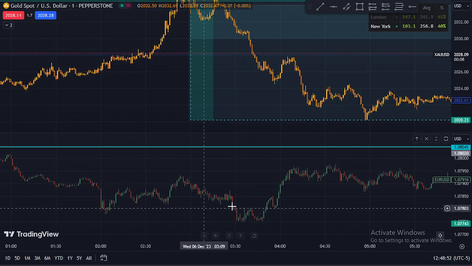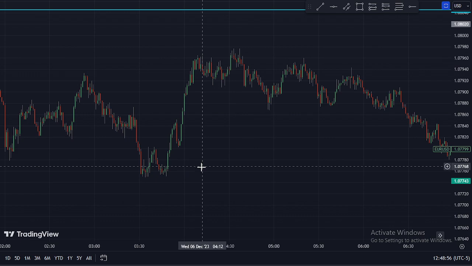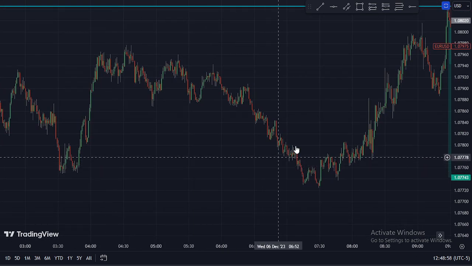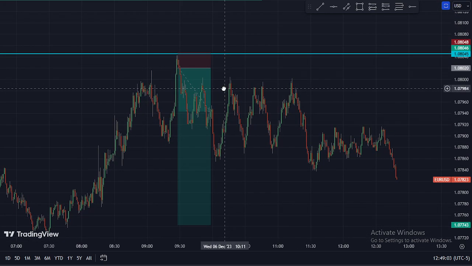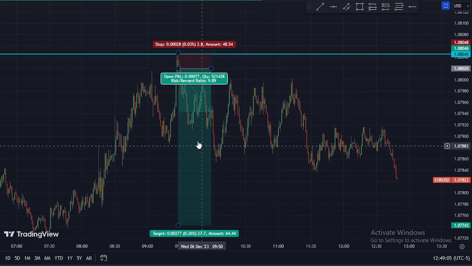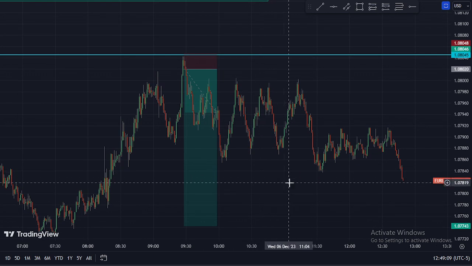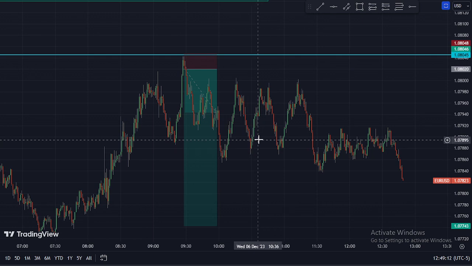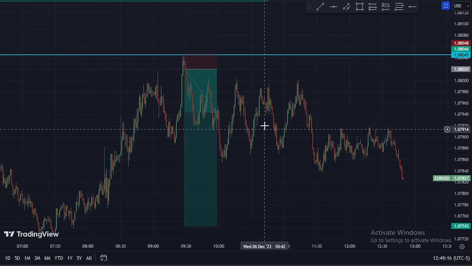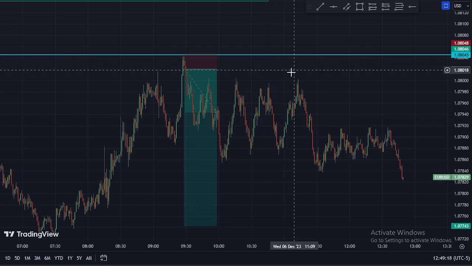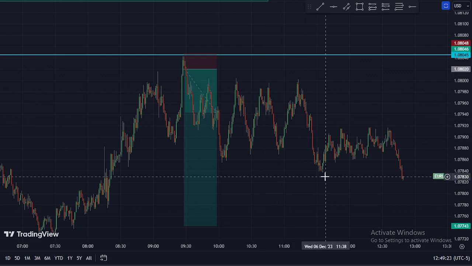So let me show you something. This is a trade that is currently going on. I sent this to my Telegram group. As you can see, what I just said right now, you see that price came down, did not take this low, came down again, and here rallied up, taking these highs, and then went lower.